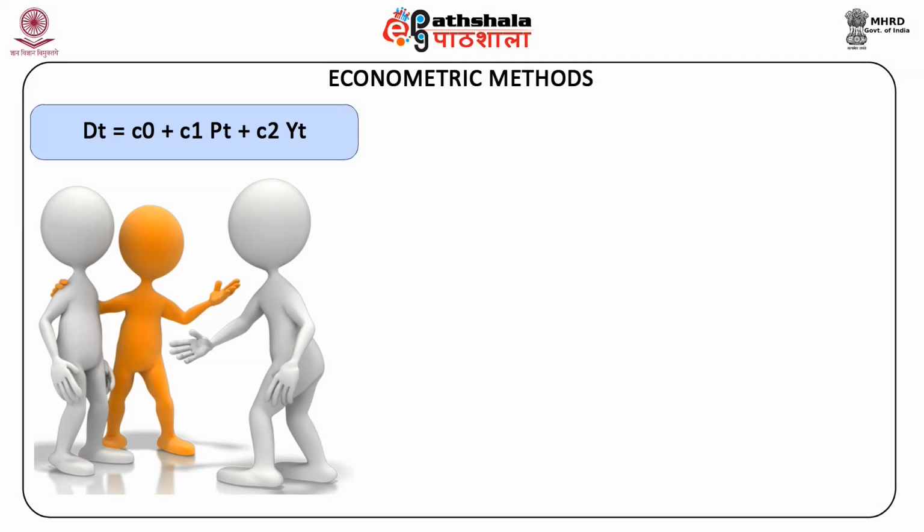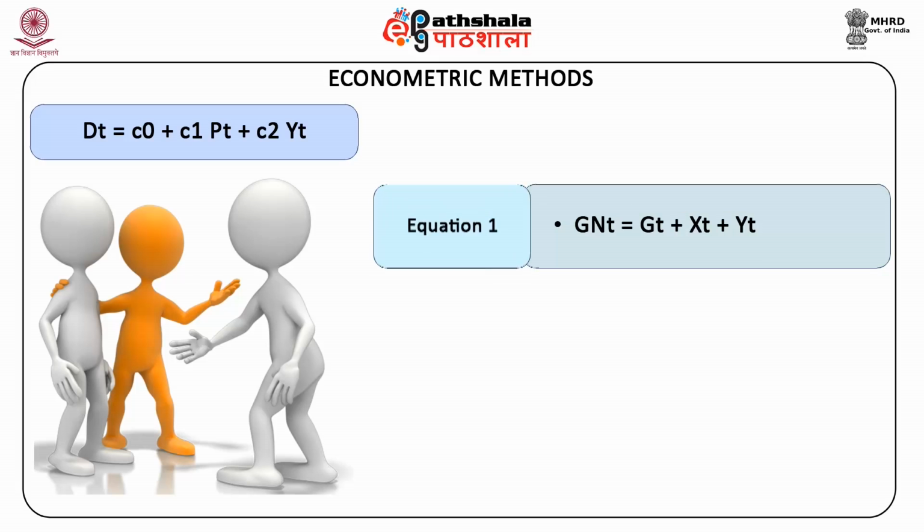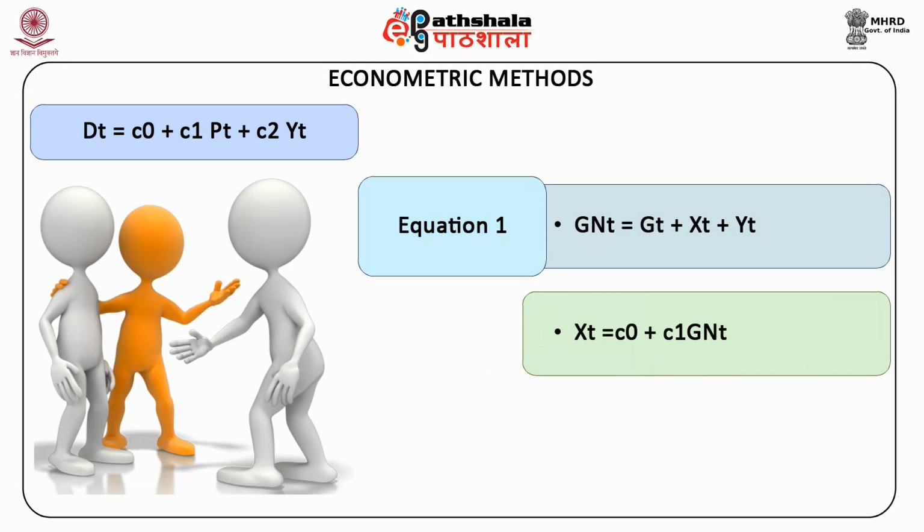For example, a simplified three-equation econometric model for an economy of a nation: GNT = GT + XT + YT. This is equation 1. XT = C0 + C1 times GNT.